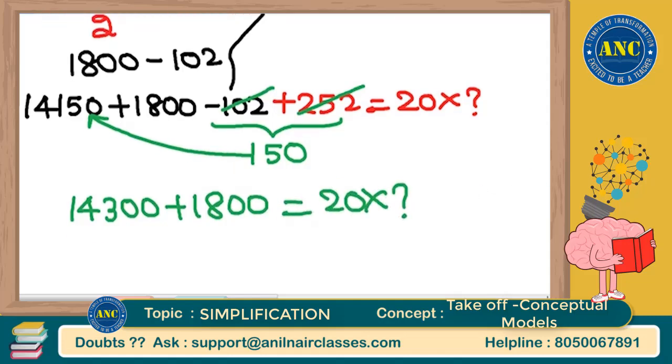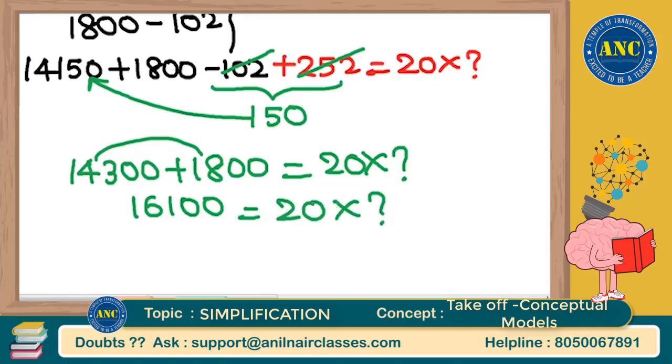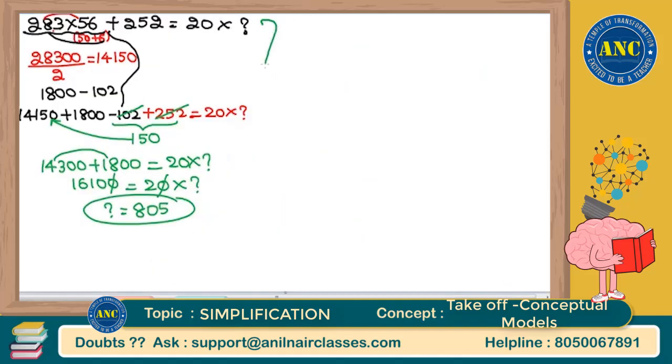So 143 plus 18 is 161, so 16100 is equal to 20 times question mark. This will cancel. Question mark is 1610 by 2, 805. There are so many steps you can eliminate if you are good in practicing.